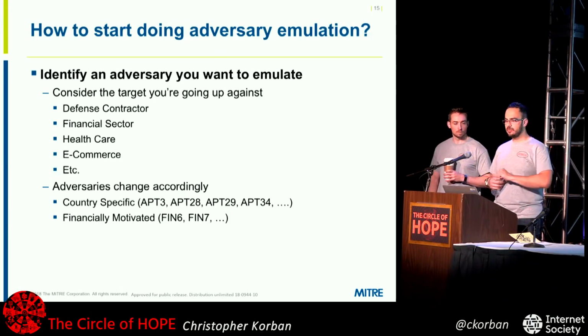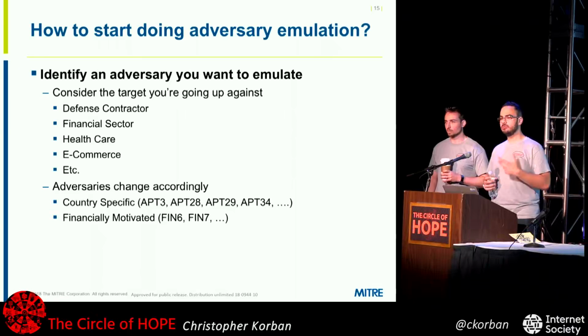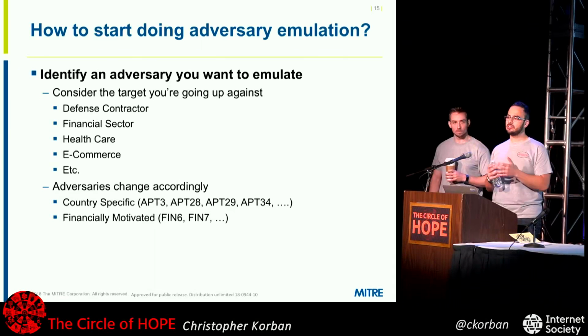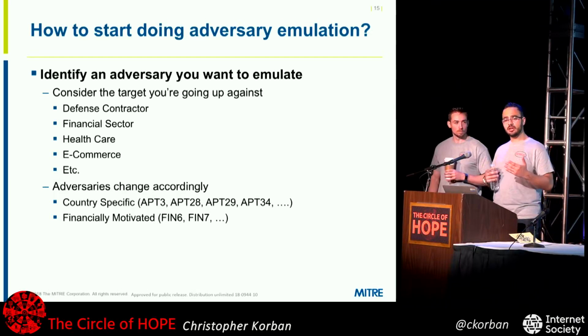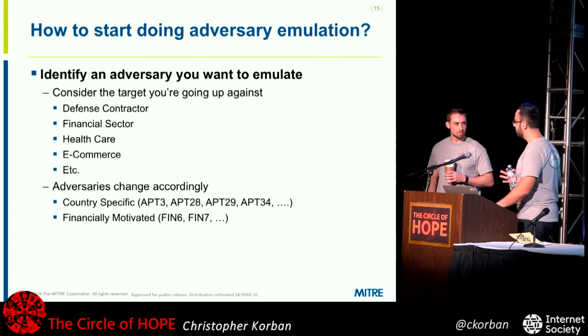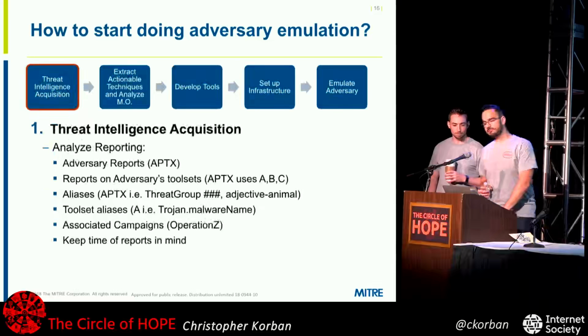But again, alluding back to exercising the blue team against a potential real threat, you want to identify what adversary would actually be targeting the networks you're targeting and attempt to match that up. Once you've identified the adversary you want to emulate, I'm going to hand it over to Cody, and he's going to show you how, through 5 steps, to emulate that adversary.